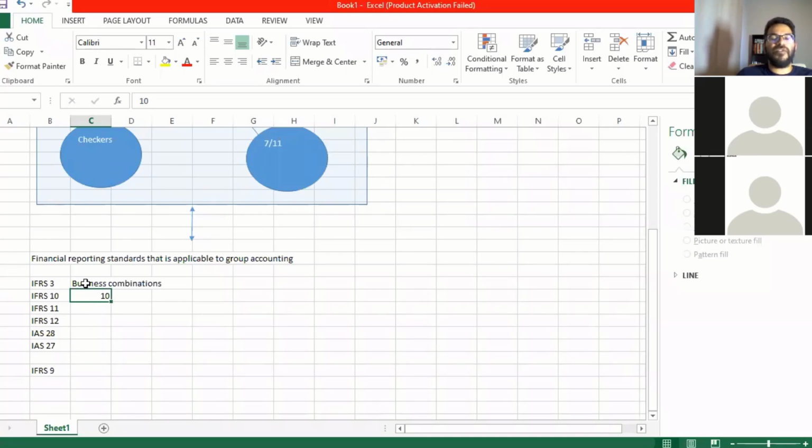Note that IFRS 3 is the accounting treatment for group accounting at acquisition. IFRS 10 deals with control. I will explain how this comes together. IFRS 11 deals with joint arrangements. I'll explain all of that when we come to the next section. IFRS 12 deals with disclosure.